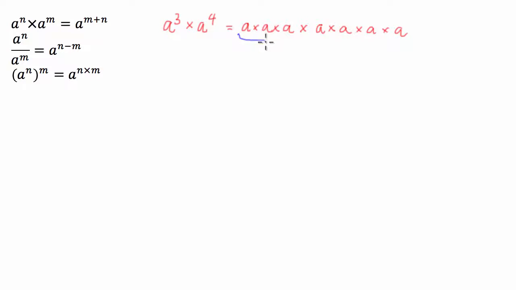So what we've got here is a to the power of 3 and a to the power of 4. Now, as you can see, this is equal to a to the power of 1, 2, 3, 4, 5, 6, 7, which is equivalent to a to the power of 3 plus 4.